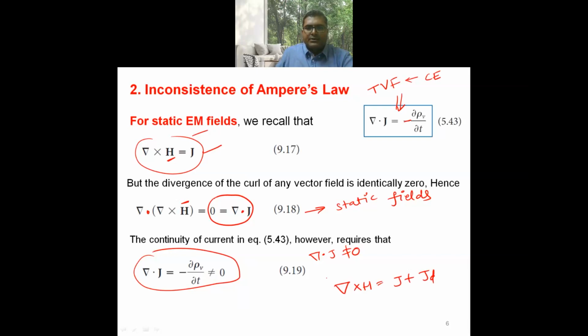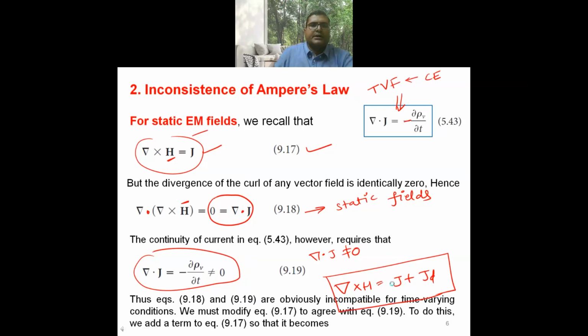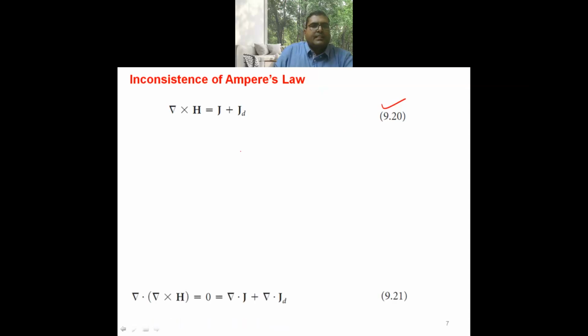Let it be J D. The extra term is added to Ampere's circuit law to validate this equation for time varying fields. Here, the extra added term is represented with equation 9.20.